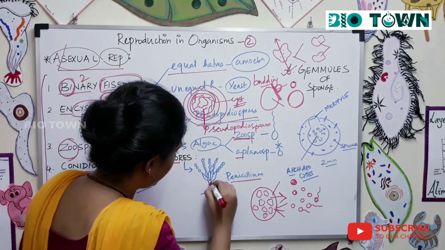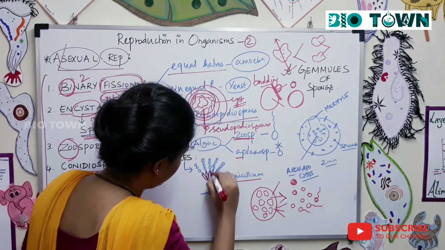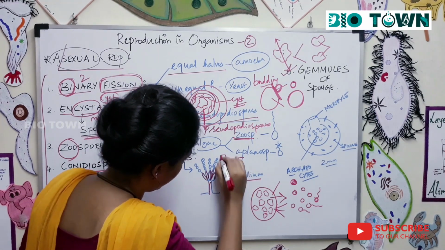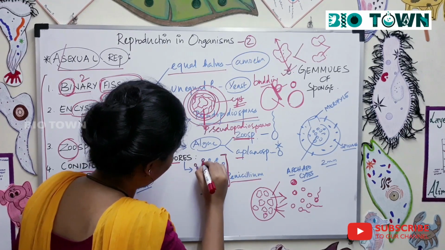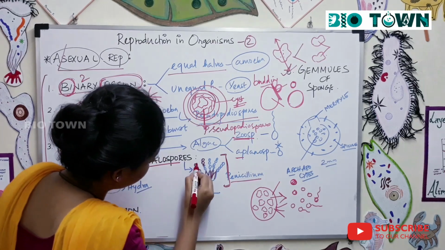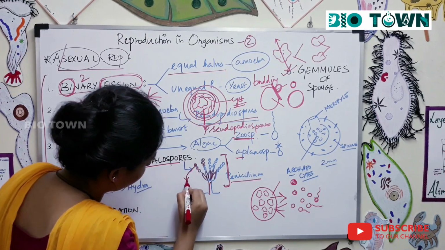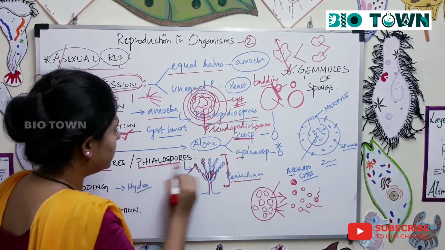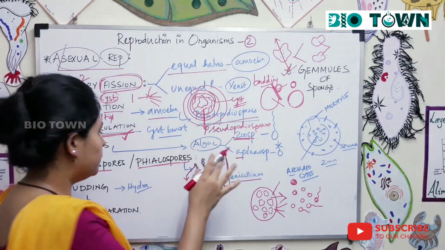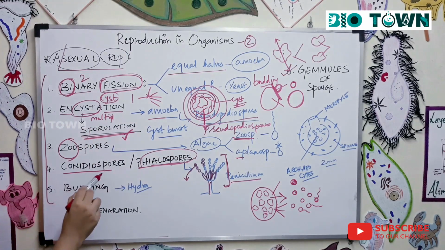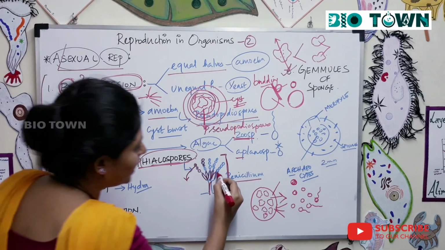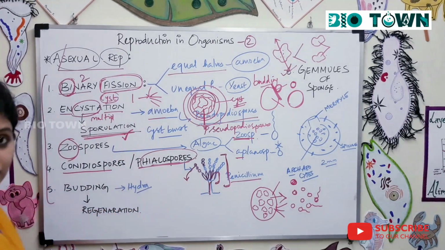And there's a stalk, and this structure is called conidia, and these conidia produce small spores called conidiospores. Conidiospores are also called hyalospores. In most of the books, hyalospores is referred to, but you can also call them conidiospores because they are placed above the conidial region.